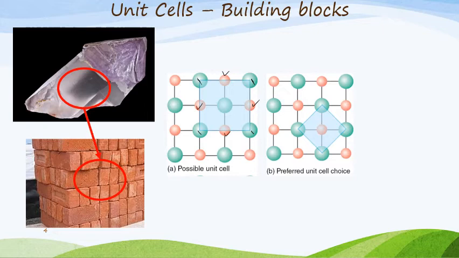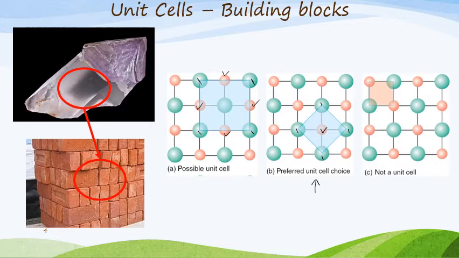But in this arrangement here, you will notice that we've picked the smallest possible unit of the green spheres here, here, and here, with only one red sphere in the center. That is what we would call a preferred unit cell because it uses the least number of components.